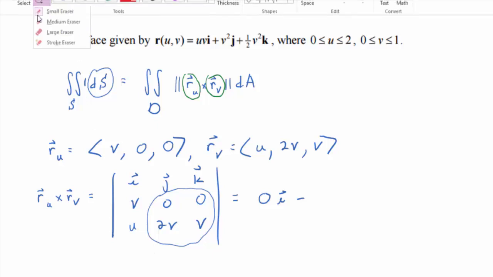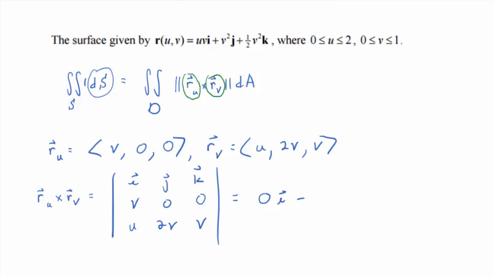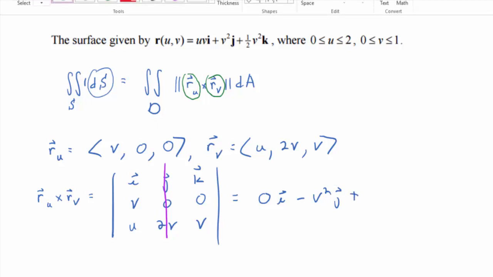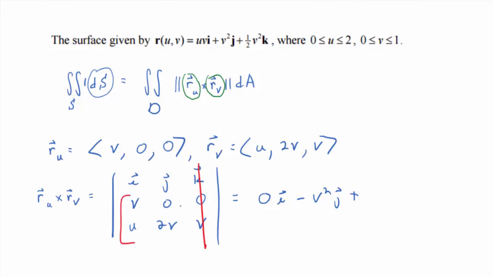Let me fix my eraser. Okay. Cross out the middle column, and then we actually get a non-zero determinant from the submatrix v, 0, 0, u, v. What do we get? Minus is built in, so minus v² j, and then plus what? Cross out this column and look at this determinant.